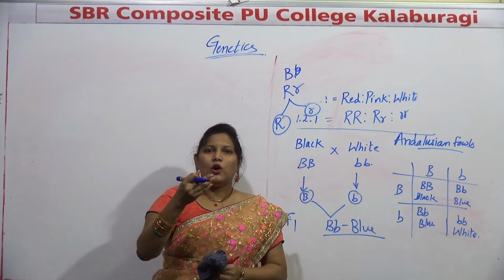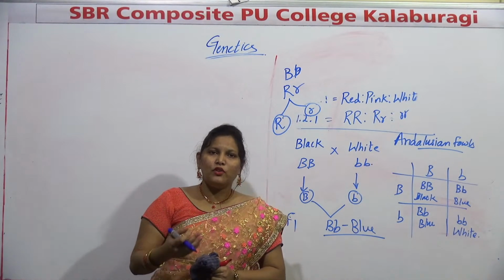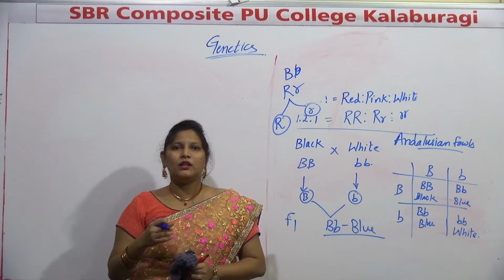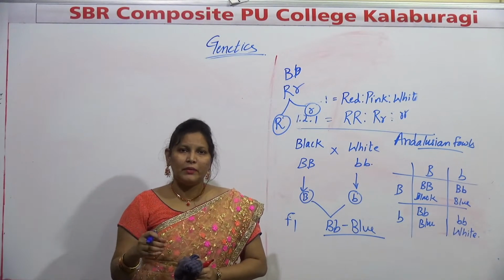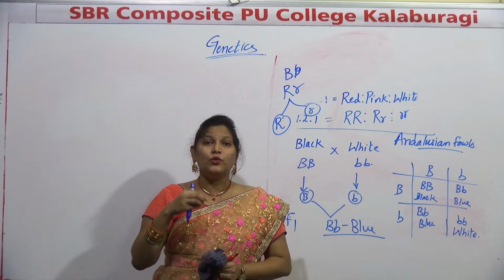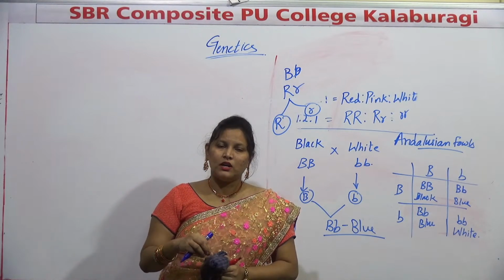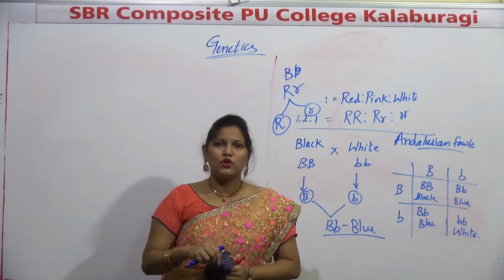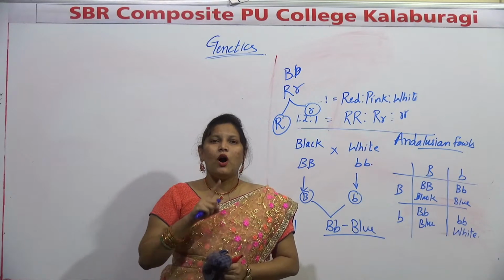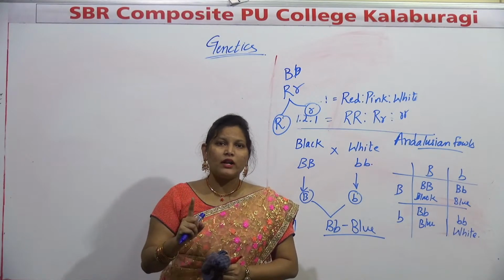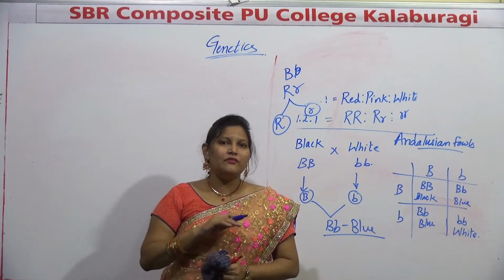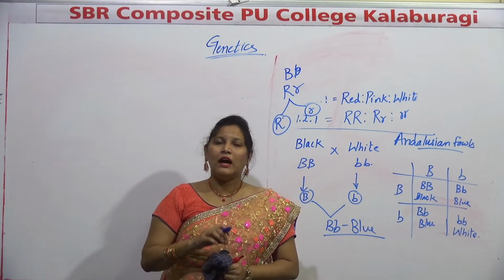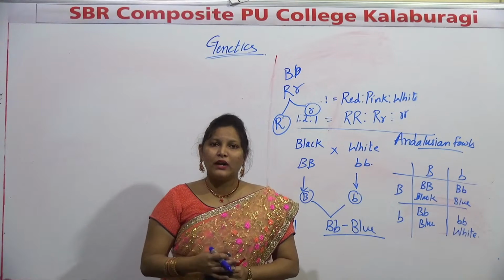Out of the three laws, that is the law of dominance, law of segregation, and law of independent assortment, the universally accepted law is the law of segregation of gametes, or law of purity of gametes. Always the gametes remain pure and they remain haploid. They never show any blending or any fusion of characters.